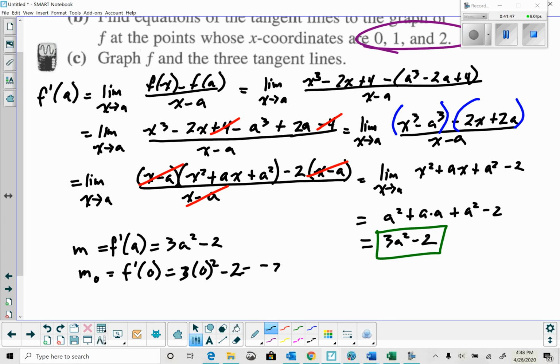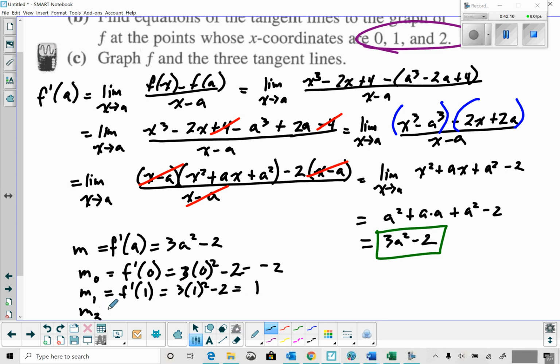That's negative 2. The slope of the tangent line at 1 is f prime of 1, which is 3 times 1 squared minus 2. All right, now this might require a little bit of thought. 1 squared is still 1. 1 times 3 is 3. 3 minus 2 is positive 1.